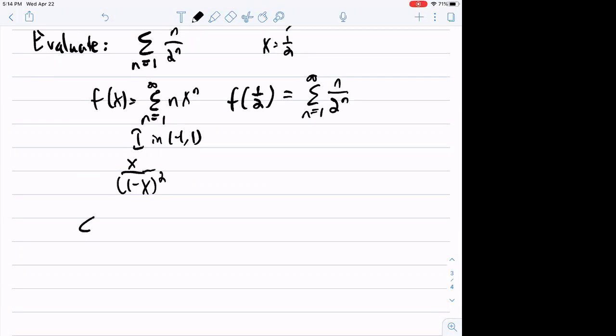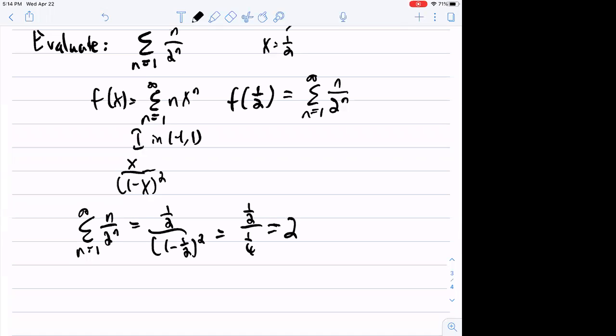So the sum n equals 1 to infinity of n over 2 to the n is just, I plug in a half: a half over 1 minus a half squared. What is this? The denominator is 1/4, so it's 2. So you see, here we represented a function as a power series.